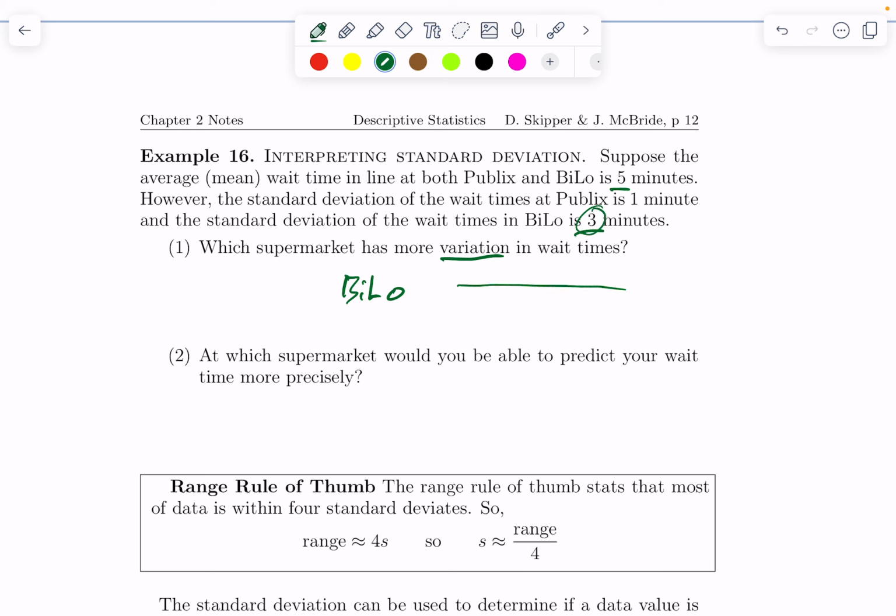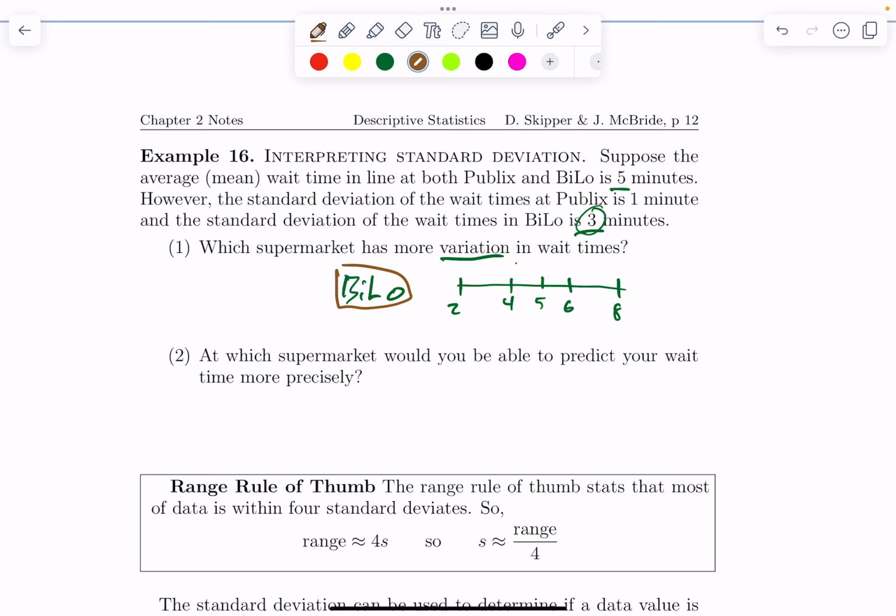So, here's the mean. Here's 5 minutes. Here's 6 minutes. Here's 4 minutes. And then here's 8 minutes, and here's 2 minutes. And so, on average, the BI-LO wait times are 3 minutes from the mean.